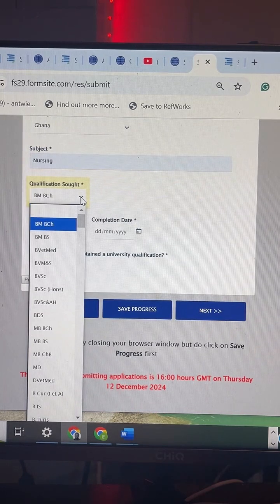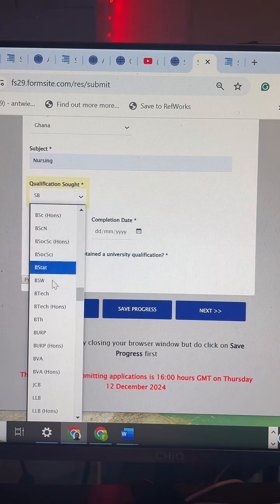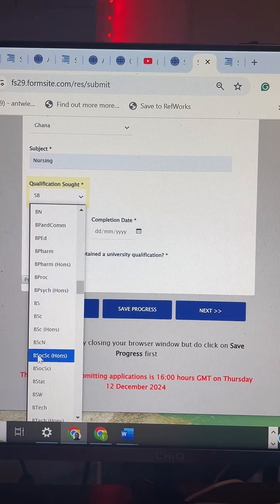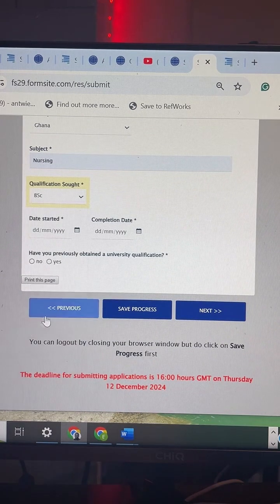What subject are you studying? I'm studying nursing. Then what qualification are you looking to gain? I'm looking at getting a BSc. And then what date? So any date, when did you complete that?